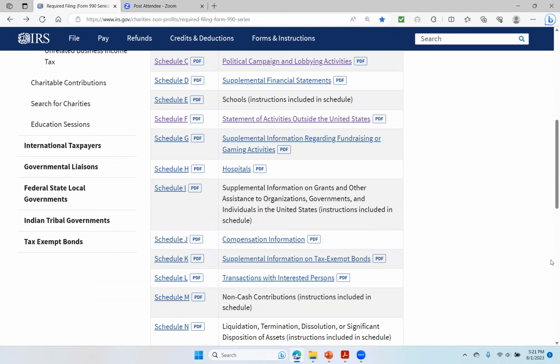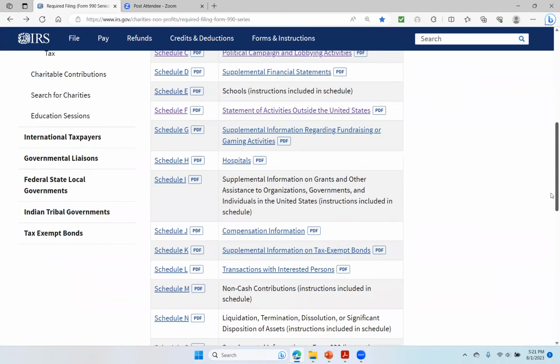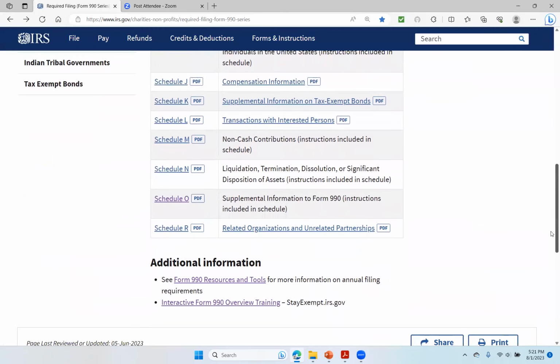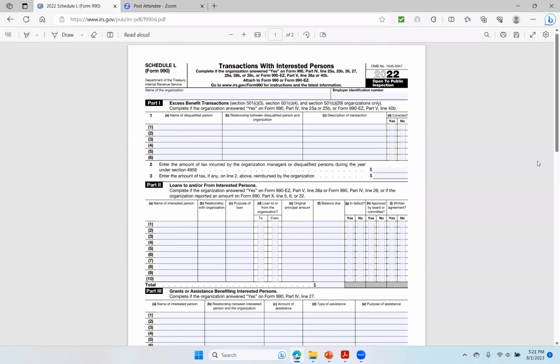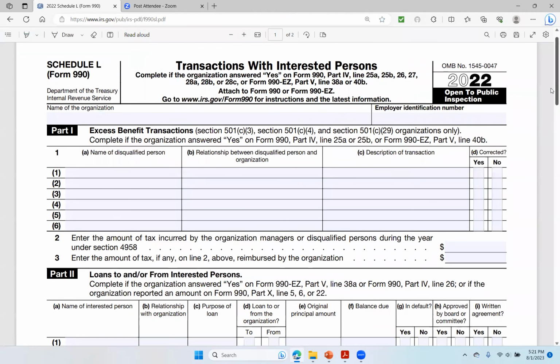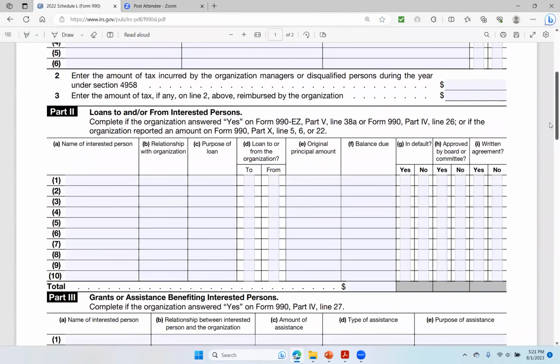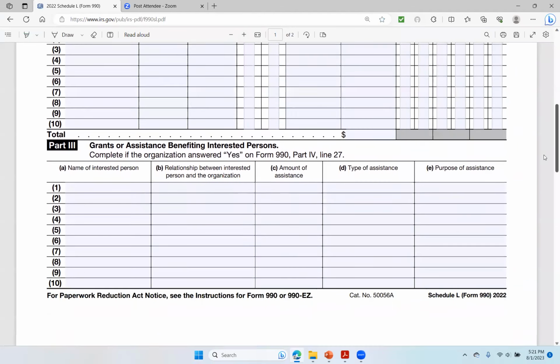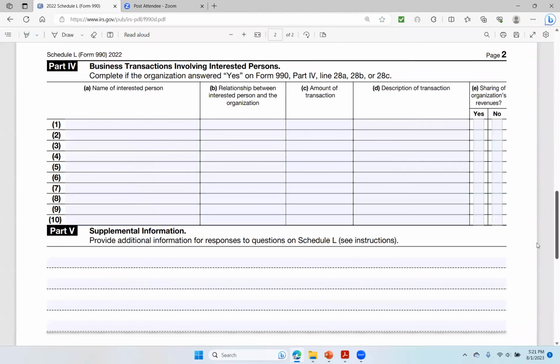The next schedule I thought they should have completed was a Schedule L, Transactions with Interested Persons. And this is the one where they should have documented the relationships that Patrisse Cullors has with her brother and with her ex-boyfriend, the father of her son. This schedule should have been completed to share information about those individuals.